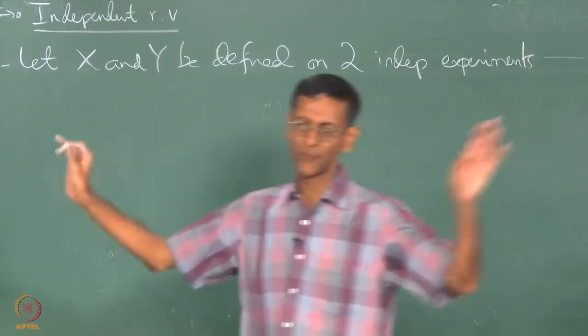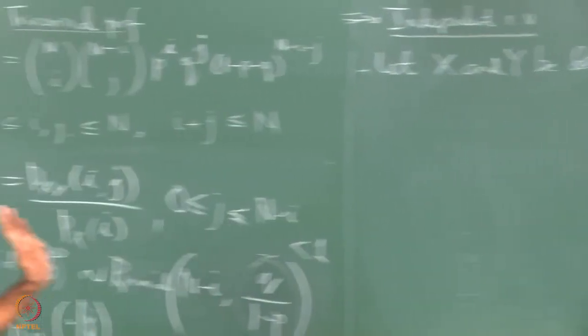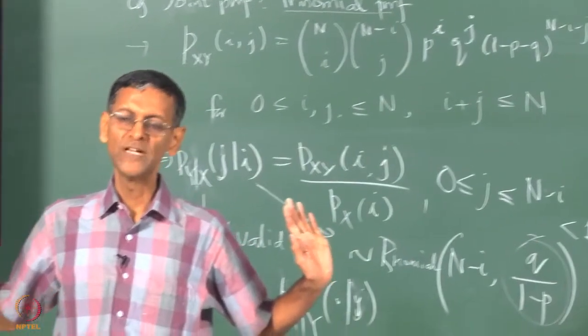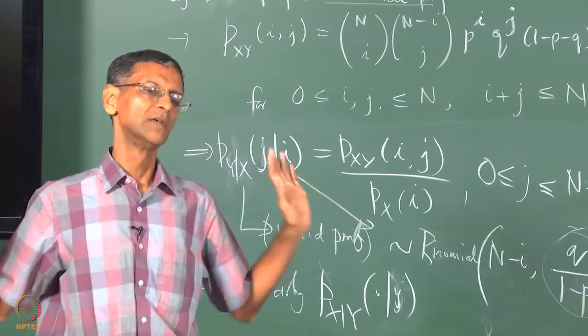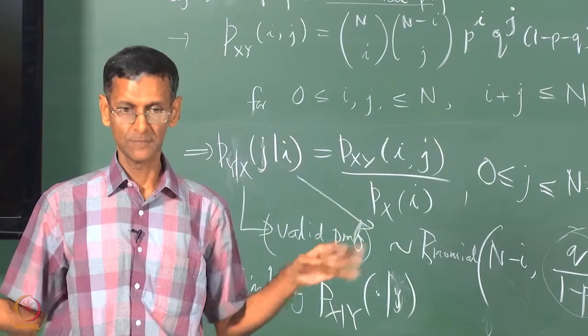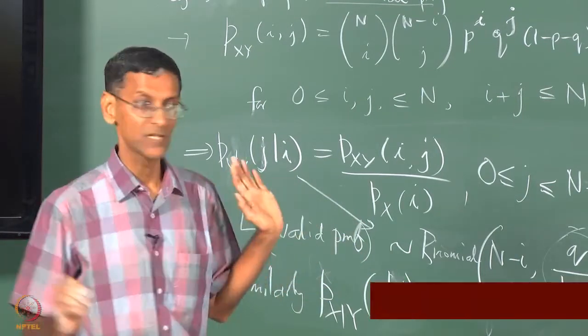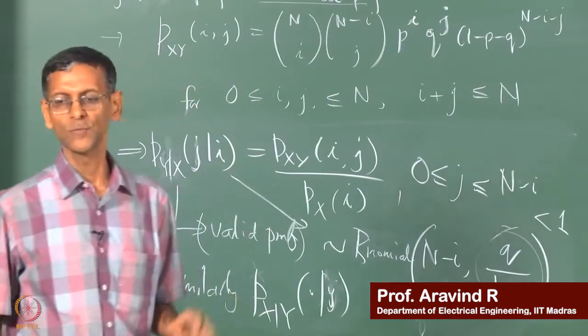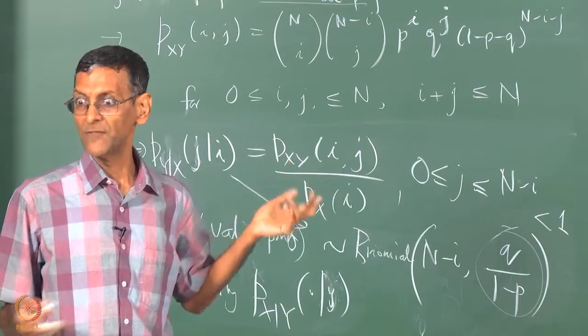X is defined on one, and Y is defined on the other. When you start off, you are already coming with this information. Any two random variables defined that way, no restriction on what X and Y should be. I do not think I need to explain this any further.